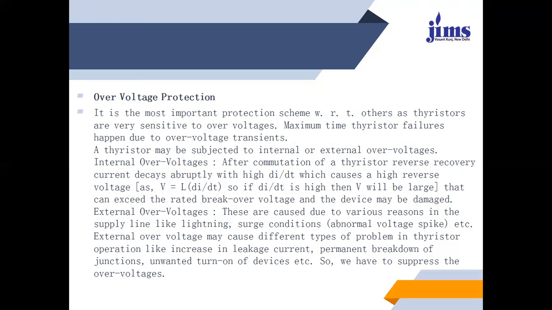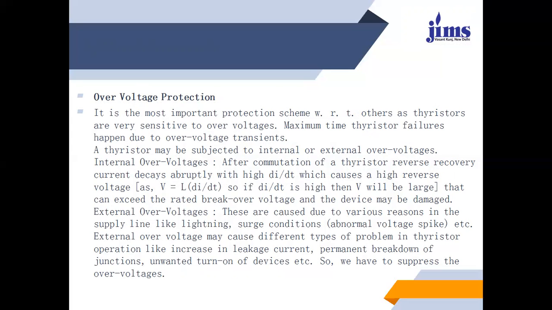External overvoltages are caused by various reasons in the supply line like lightning, surge conditions, abnormal voltage spikes, etc. These cause an increase in leakage current, permanent breakdown of junctions, unwanted turn on of the devices, etc.